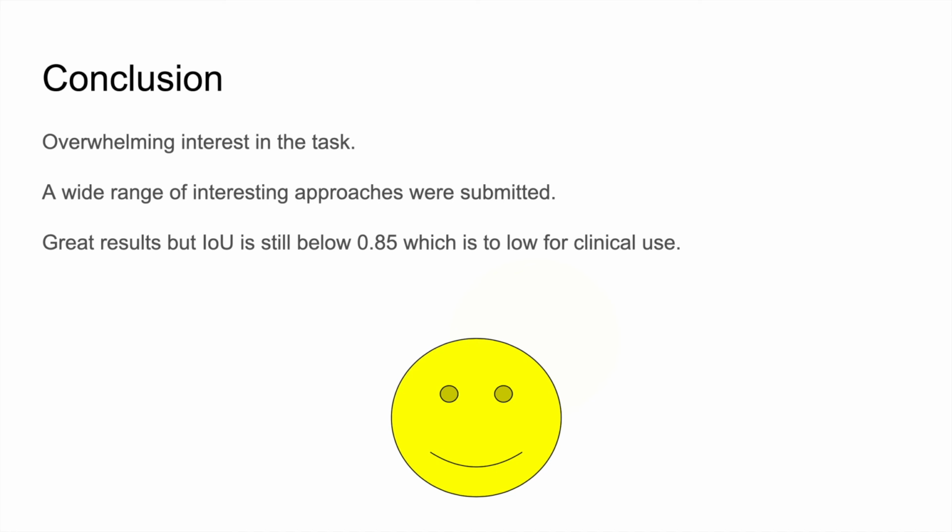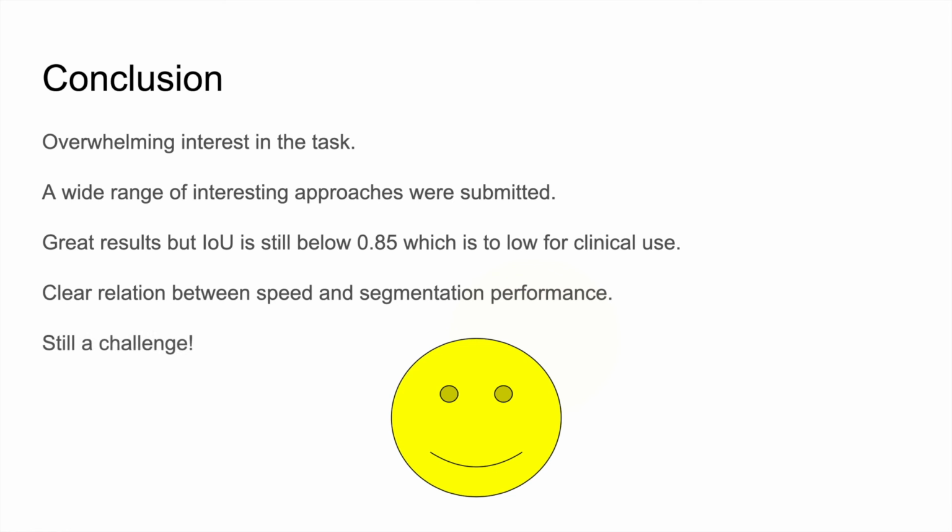All the participants got really good results, you can conclude, but the IOU is still below 0.85, which we see as a threshold that should be achieved for clinical use. Again, as concluded before, there's a clear relation between speed and segmentation performance. And it's still a challenge. So I hope we will have another iteration of this task. Thanks a lot.